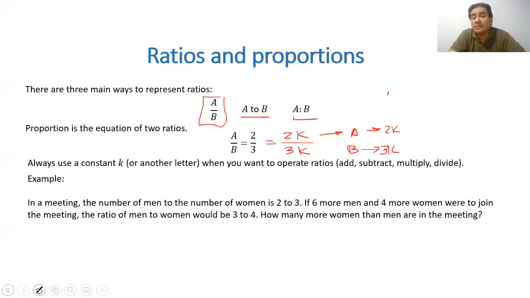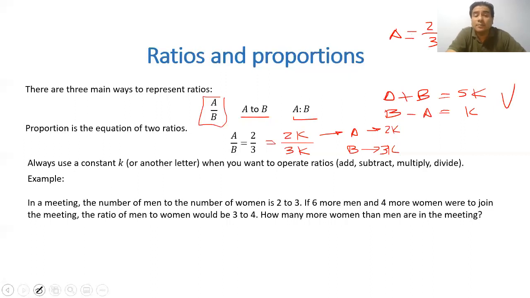So you can now add A plus B would be, for example, 5k. B minus A would be k, and so on, okay? This is better than doing this: A equals 2/3 of B. Yes, don't do this. Always try to do this.